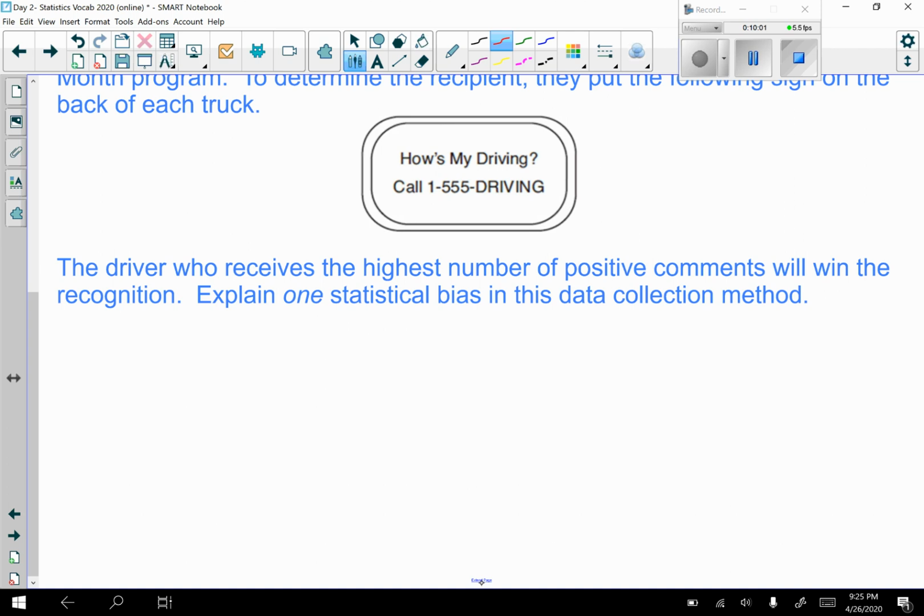So you could say that people need to call in, so they probably won't be likely to call in unless it's a negative comment. Think about it. You see these signs all the time. Do you pick up the phone and call every time to compliment someone? No, probably not.